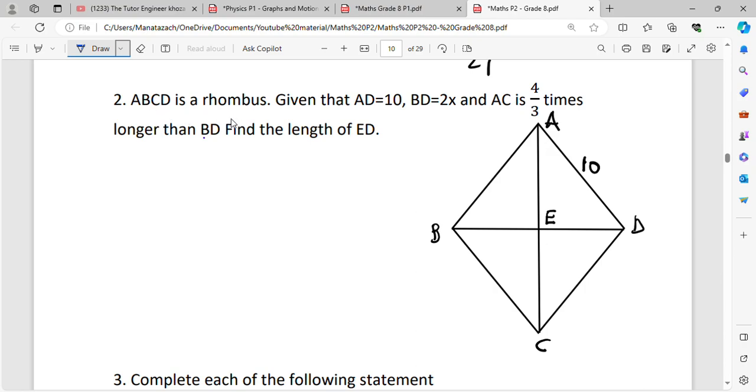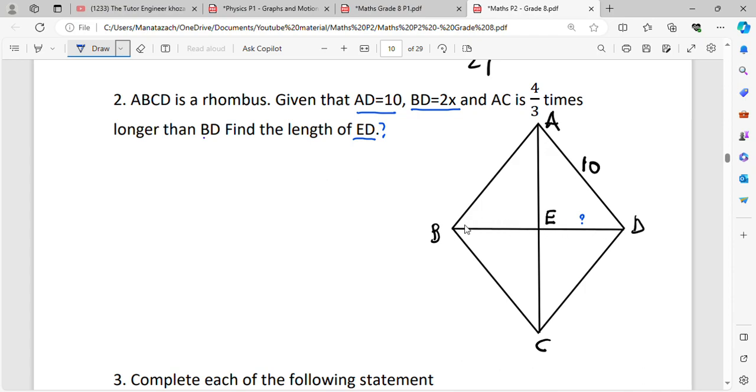ABCD is a rhombus. Given that AD is 10, BD is 2x, AC is 4/3 times longer than BD. Find the length of ED. This is the length of interest. Okay, since we're given that BD is 2x, right?